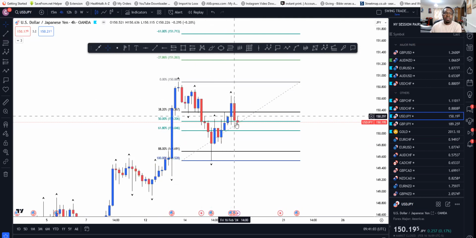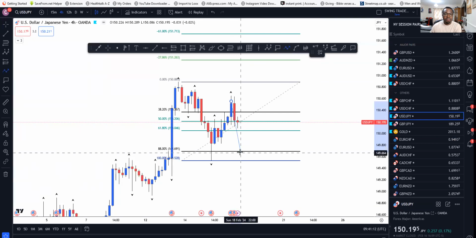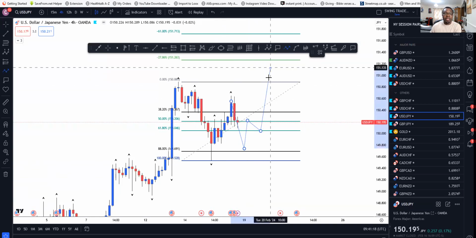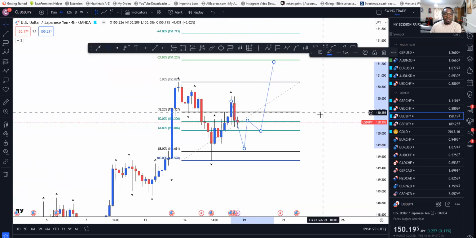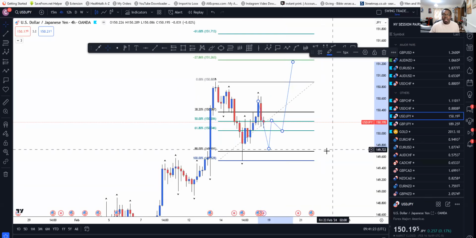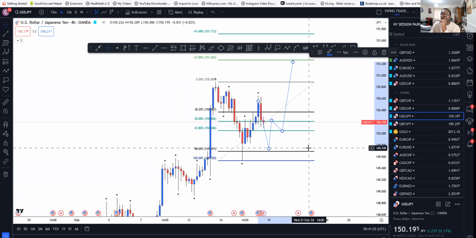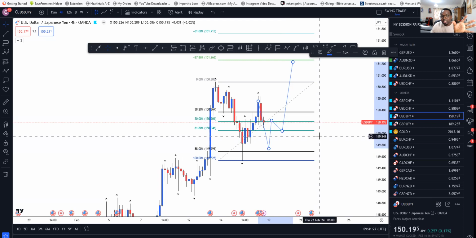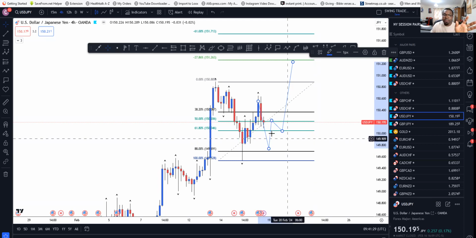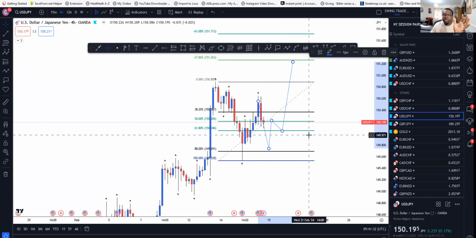Don't get in, it could come all the way down, tap into this liquidity, create another structure before it gets back up. That could be the opportunity. So I'm going to wait for this pair to give me something of this structure before I get in. This is still a very possible opportunity to buy the market, but it's playing around, so you need to be very careful before you get into that trade.